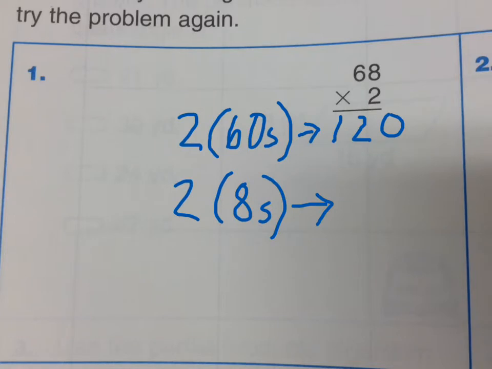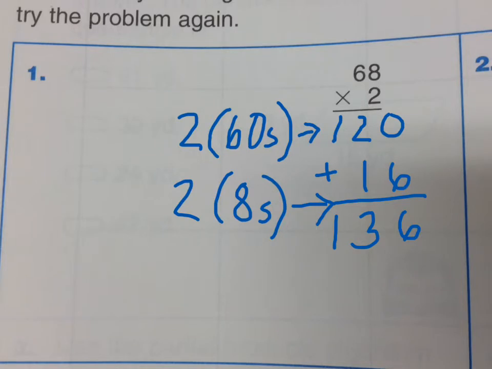And again, hopefully your basic multiplication facts are already good, and we know 2 times 8 is 16. Then we just add those two products together. So 68 times 2 is 136 based upon our two partial products.